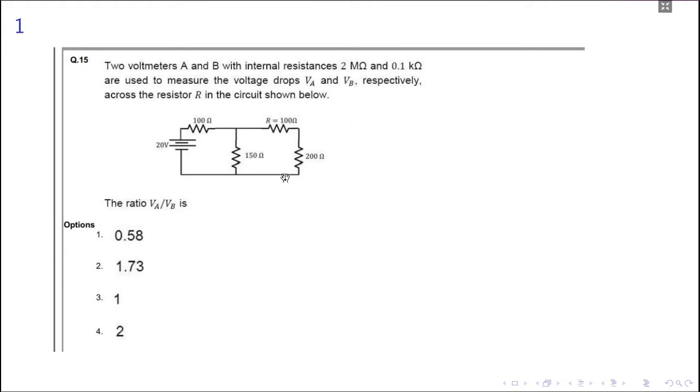So this is the circuit. One voltmeter has an internal resistance of 2 mega ohm. The second one has an internal resistance of 0.1 kilo ohm. So you measure the voltage drop across this resistance with both of them, and you get your reading. So the ratio is what?